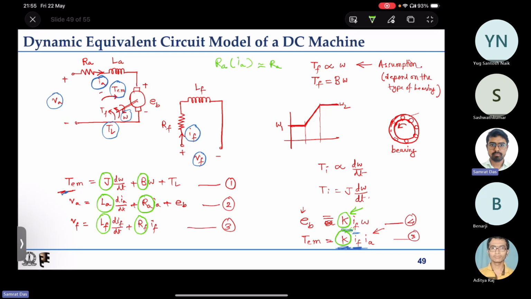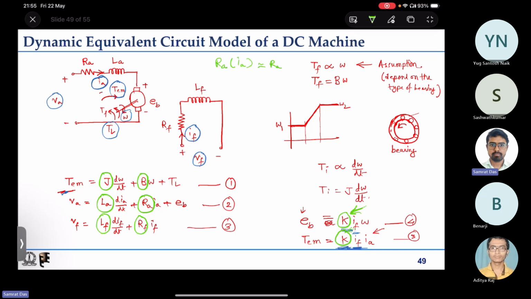So those are not constant quantities, but we need to know some approximate values of those resistances. Similarly, we need approximate values of the inductances, the moment of inertia and frictional coefficient, and also of this K. So what we will be discussing in today's class is, say you are given a DC machine, a physical DC motor.